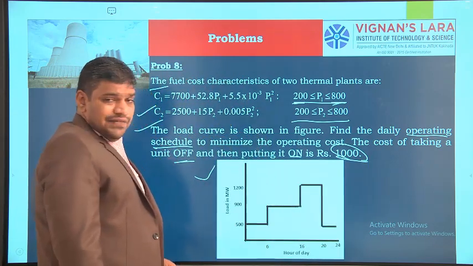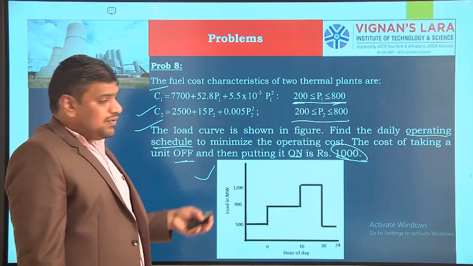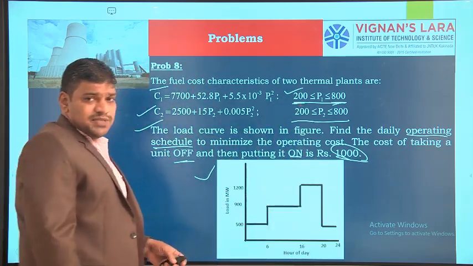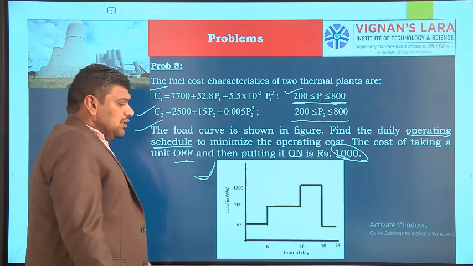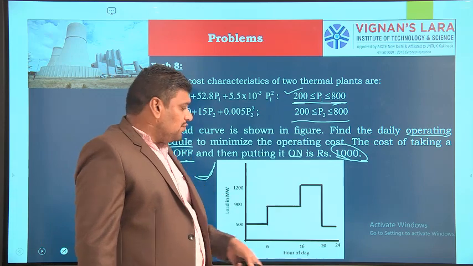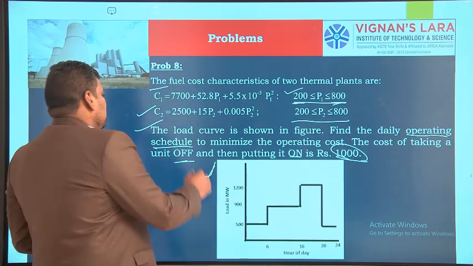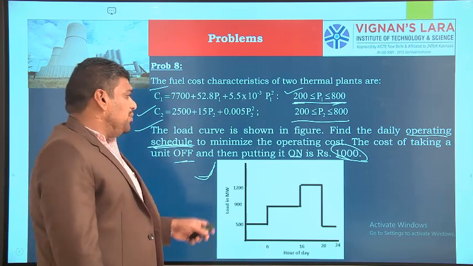So we have been given the cost characteristics of two thermal plants. For the two thermal plants, the minimum and the maximum limits are specified, and then the load curve is given for a period of 24 hours. Then you need to find the schedule such that the cost should be minimized.